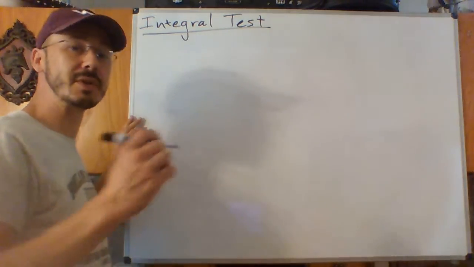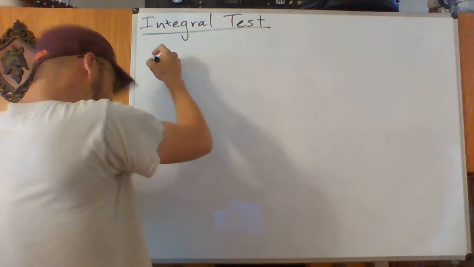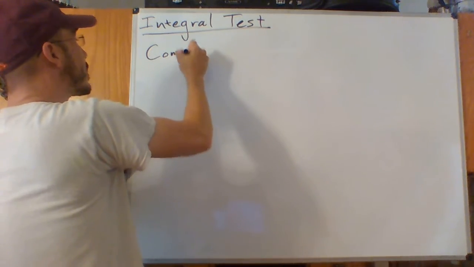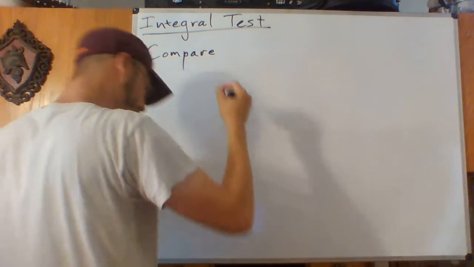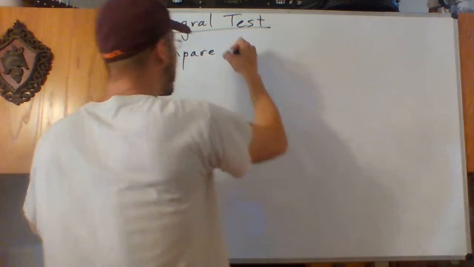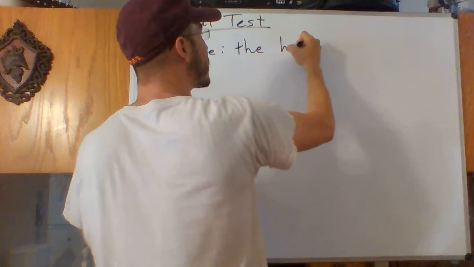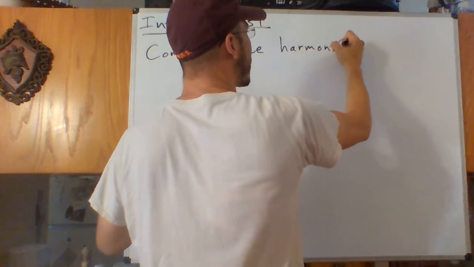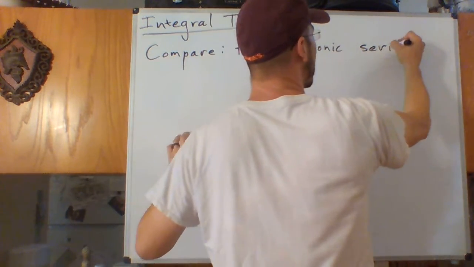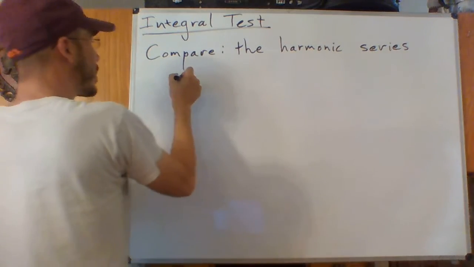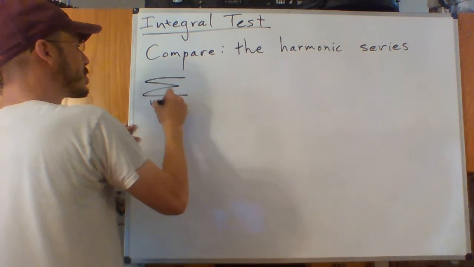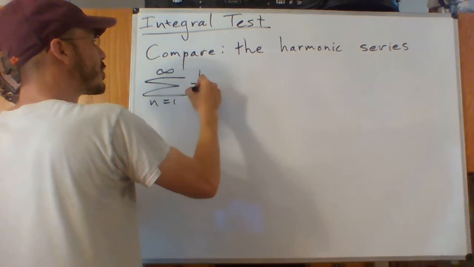We're going to look at a familiar series, but we're going to compare these two things, the harmonic series, the sum from n equals 1 to infinity of 1 over n.